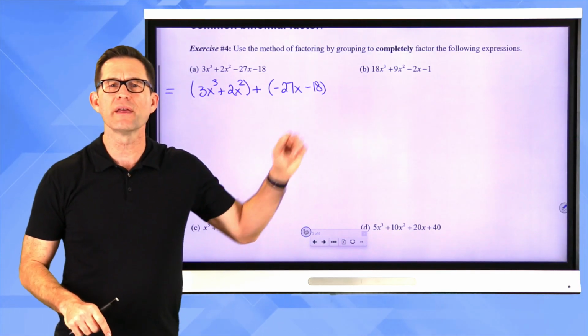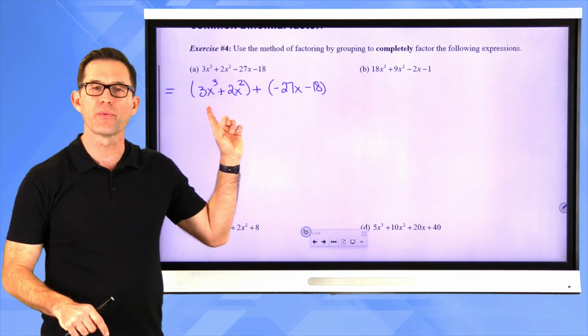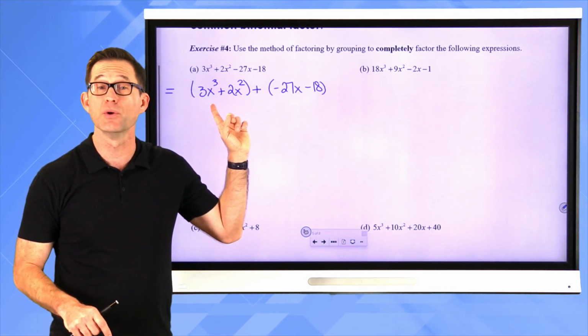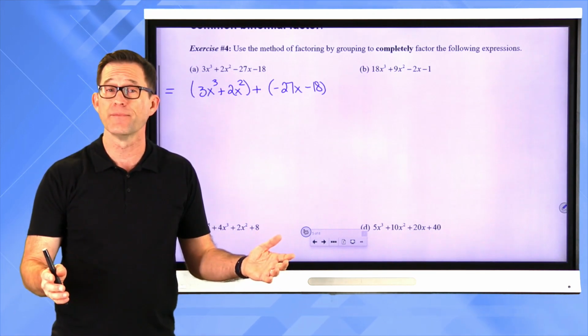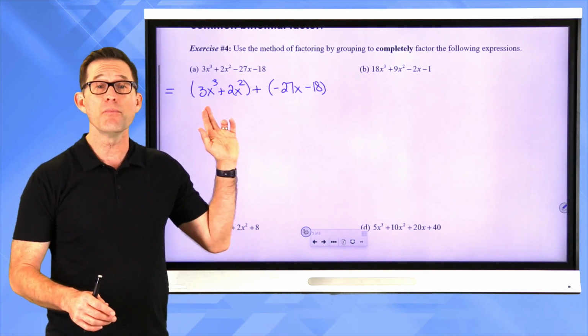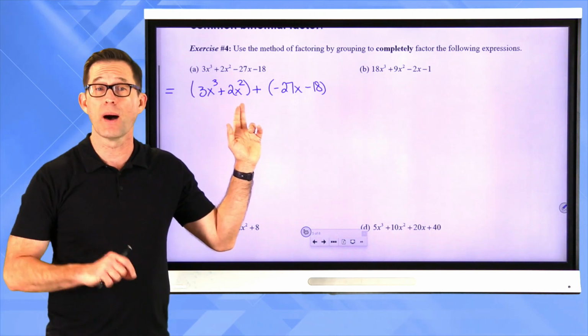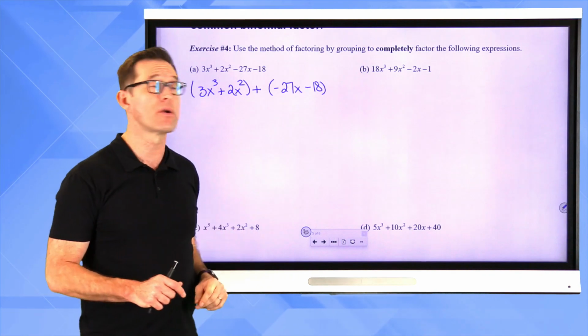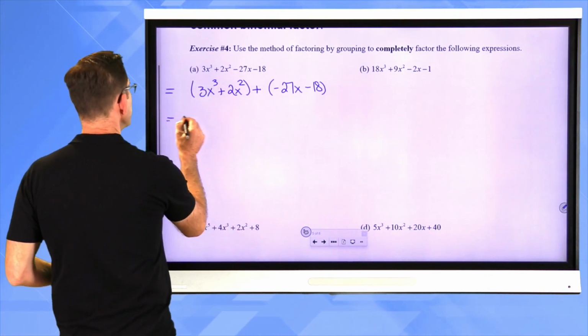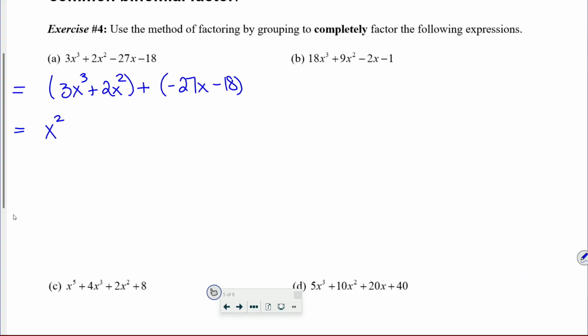I'm going to ignore the last two for a moment, and look at just 3x cubed plus 2x squared, and ask, can I factor a GCF out of that? And the answer is yes. Not a numerical one. The 3 and the 2 share no common factors other than 1, but the x cubed and the x squared mean that I can rewrite this as x squared times 3x plus 2, plus.